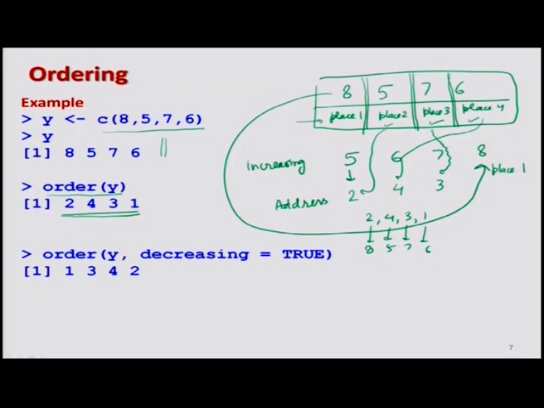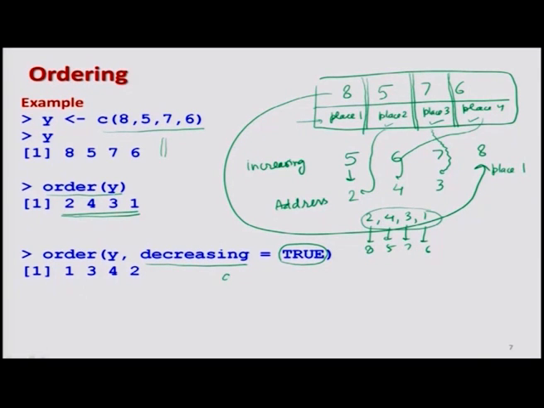Similarly, when I want this order in the decreasing sequence, and I write decreasing equal to true instead of false, then just the opposite of this happens.